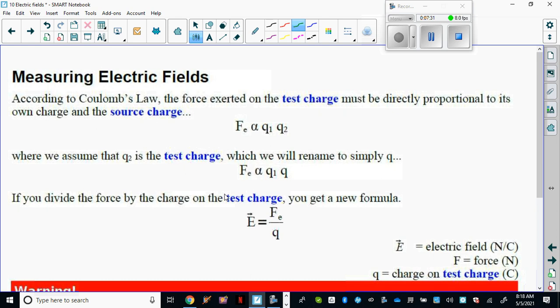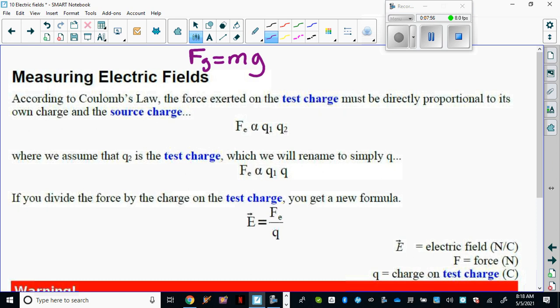Okay, now, measuring electric fields. And here's the way that I'd like you to understand it. I would like to go back to gravitational fields. So how do we measure gravitational fields? Well, we know this formula from Physics 20, and on your formula sheet, that's the formula that we kind of gravitate towards.